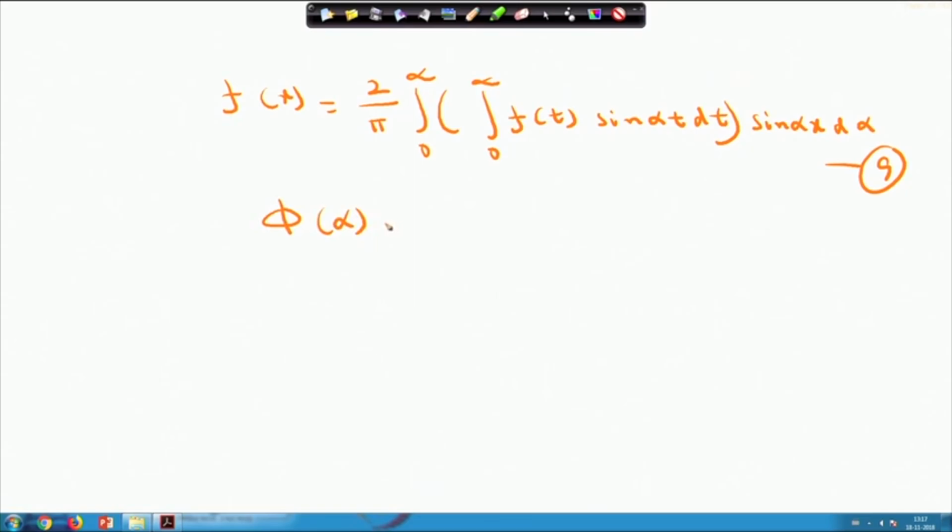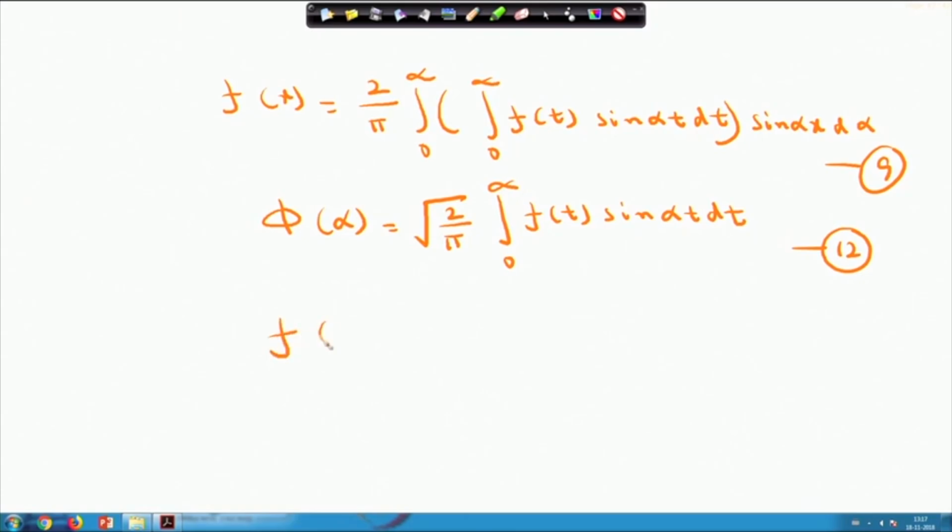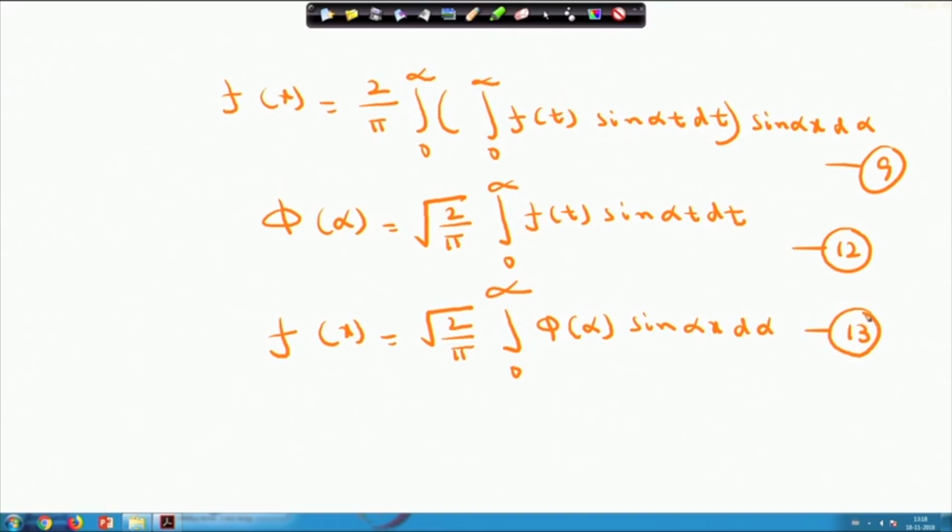Set phi of alpha equals root over 2 by pi, integral from 0 to infinity of f(t) sin(alpha t) dt, which will be a function of alpha after integrating with respect to t. This is equation 12, and in that case f(x) will be root over 2 by pi, integral from 0 to infinity of phi(alpha) sin(alpha x) d alpha. This will be equation 13.